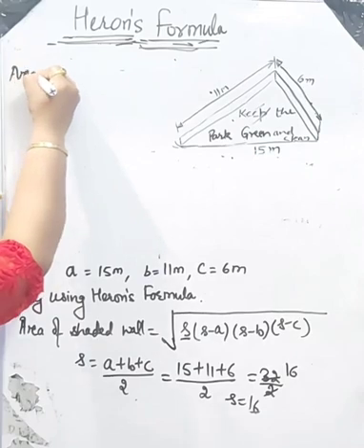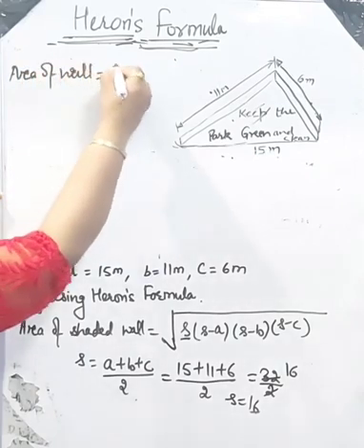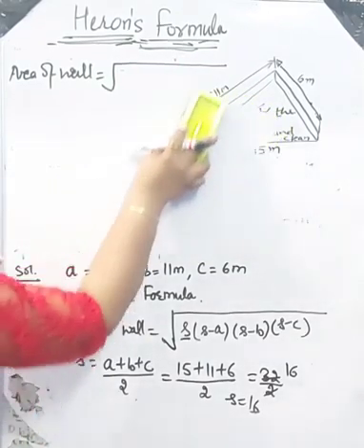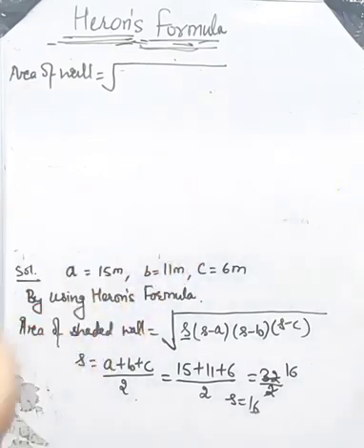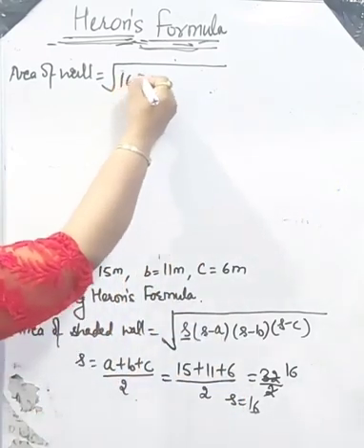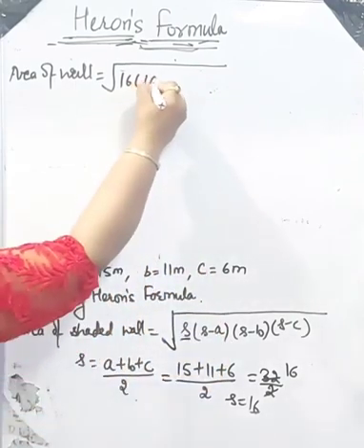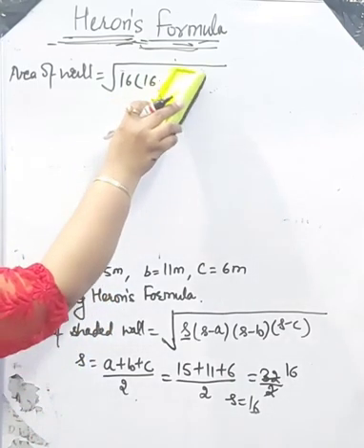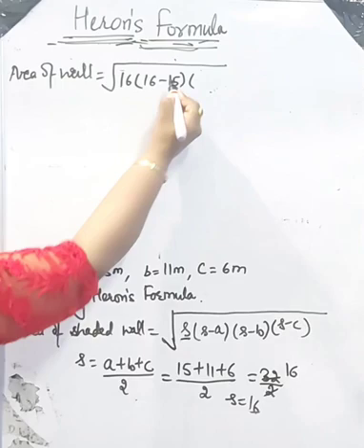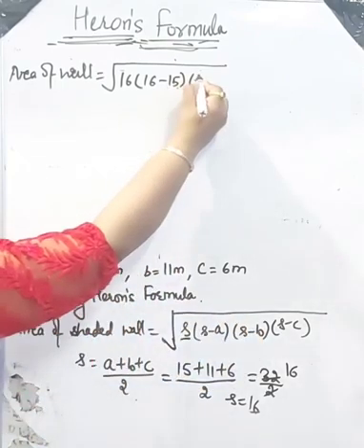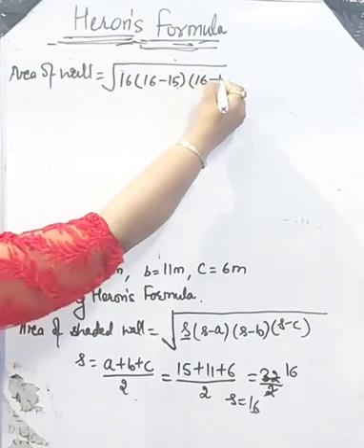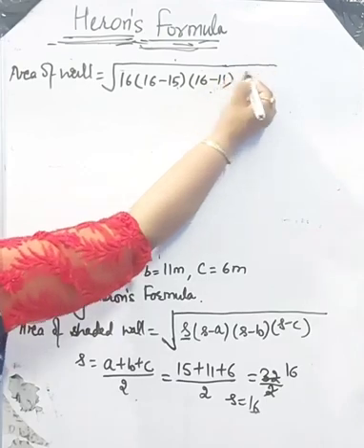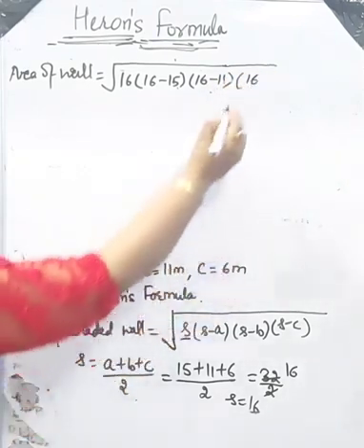Area of wall equals under root s, s minus a, s is 16, a is 15, so 16 minus 15. s minus b, 16 minus 11. s minus c, s is 16, c is 6.